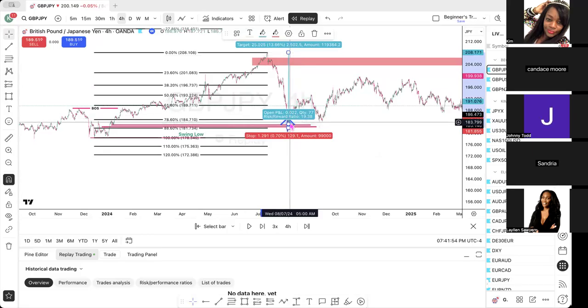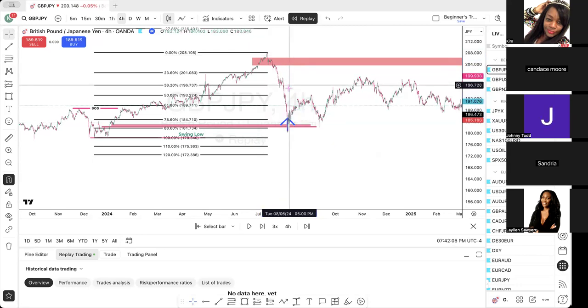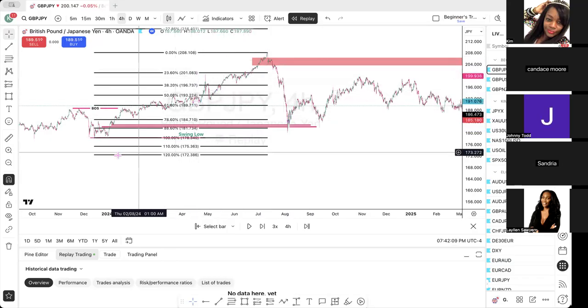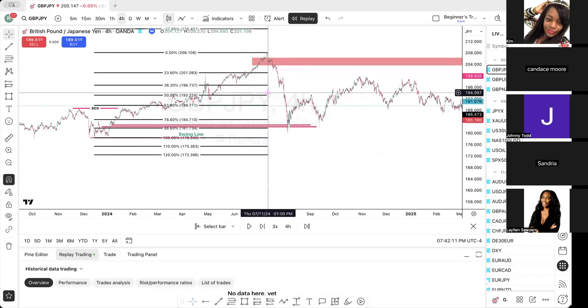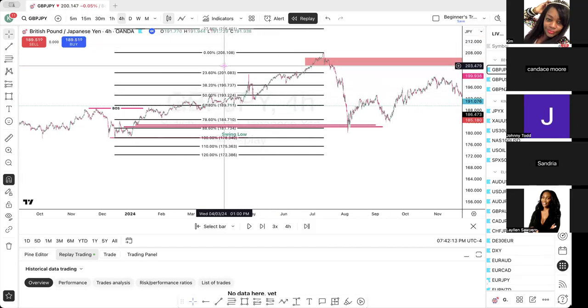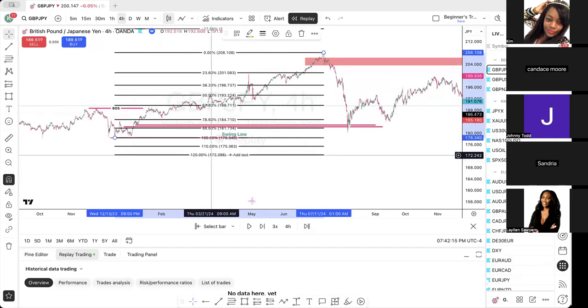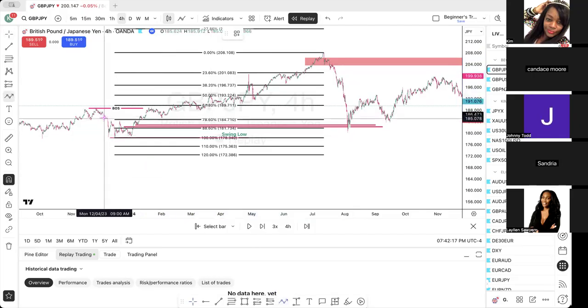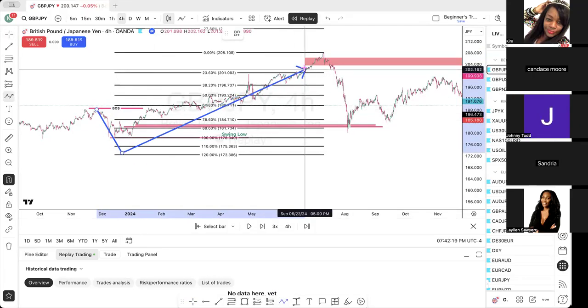This is what I mean when I say wash, rinse, and repeat. Now, I mentioned that the market is fractal. So whatever happens on the higher time frame also happens on the lower time frame. What I mean by that is, let's just say this was your structure, right?